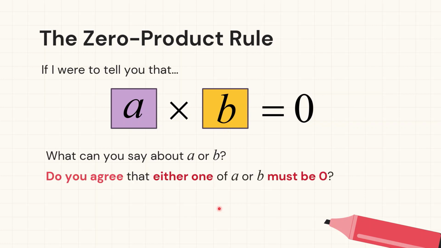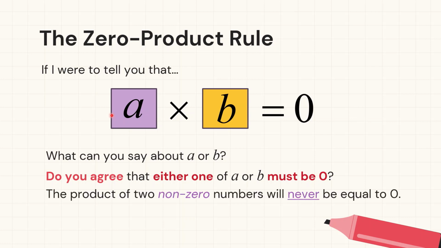Do you agree that either one of a or b must be equals to 0? Because in order to have the result of a product to be equals to 0, one of the numbers must be 0. We cannot have two non-zero numbers multiply with each other and yet get 0. That can never happen.